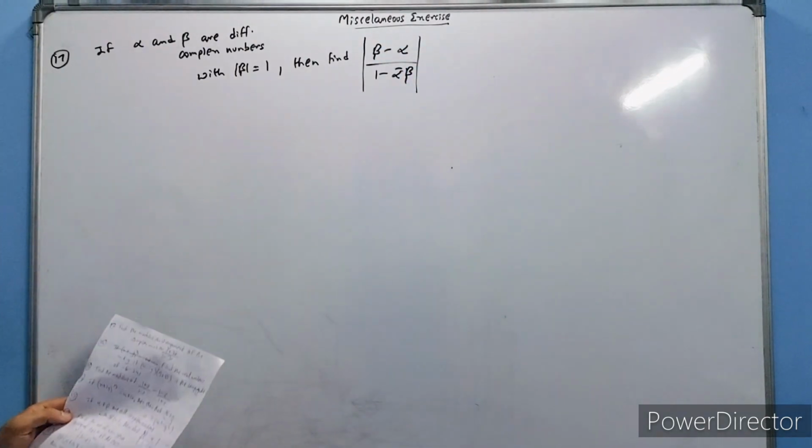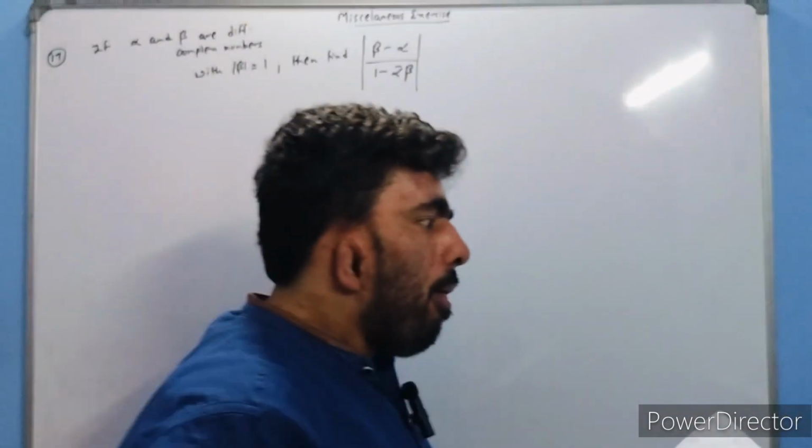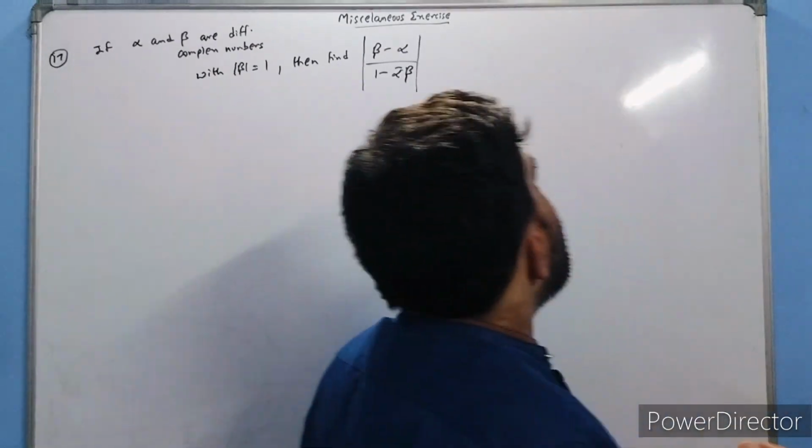So we need to find the value of this. And they are saying that alpha and beta are two different complex numbers.